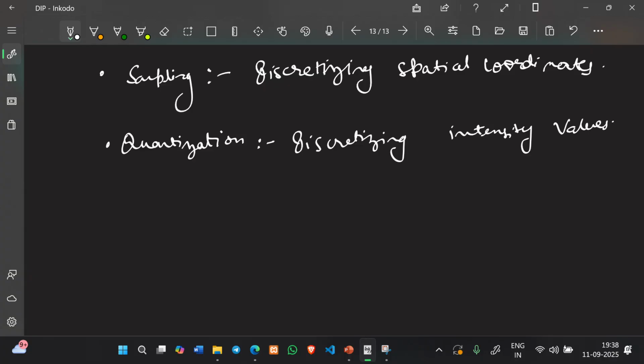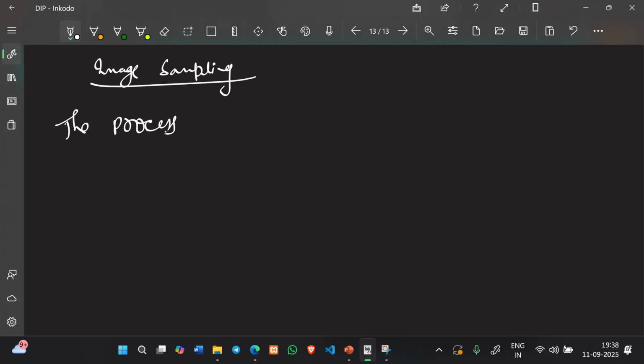Okay, so let's understand image sampling. It is the process of selecting discrete pixel locations in the image plane.